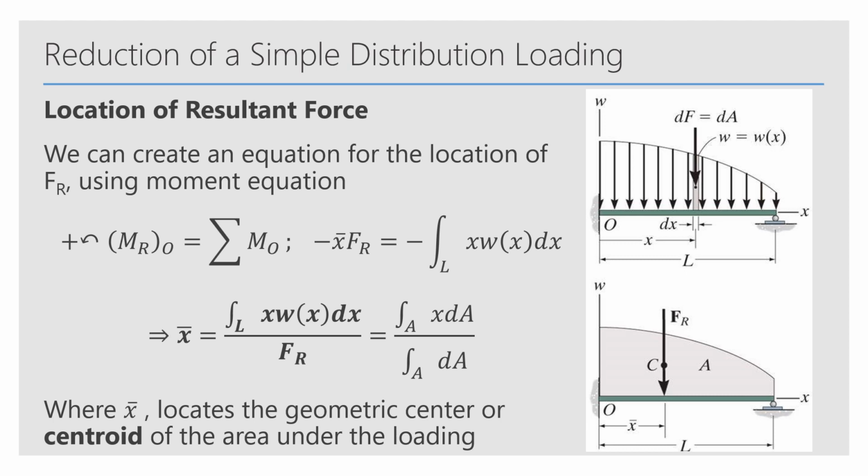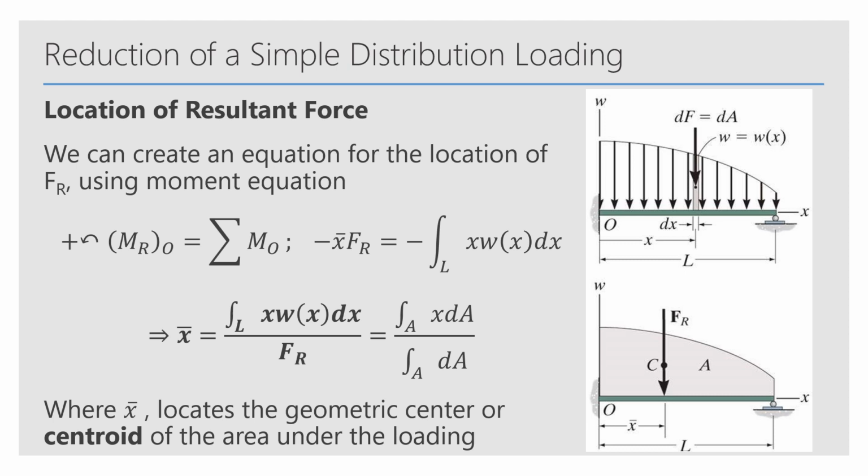And if you solve for x, you find that you just have to do x times that w function, taking an integral of that over the resultant force, where we find that the length x is located at the geometric center, or the centroid, of the area of loading.